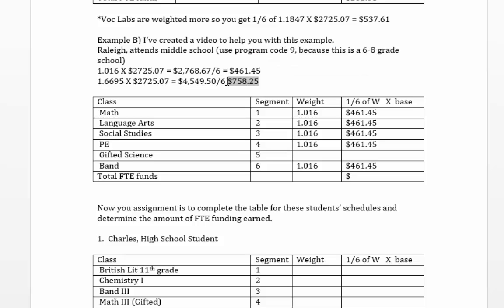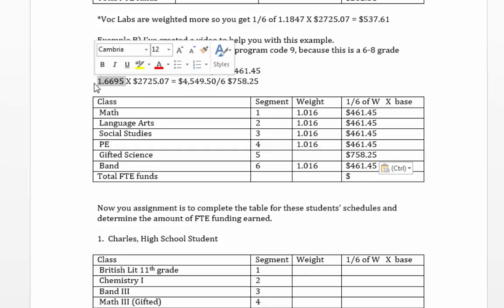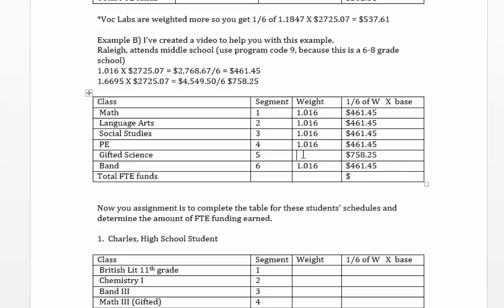So I'm going to highlight that, and I'm going to copy it and place it right here. So now that's what that student earned, and this is the weight that that class brought. So that goes in here, and now I can look at the total funding. So if I add up all these segments, I could come up with a total figure for how much money this child brought in that year.